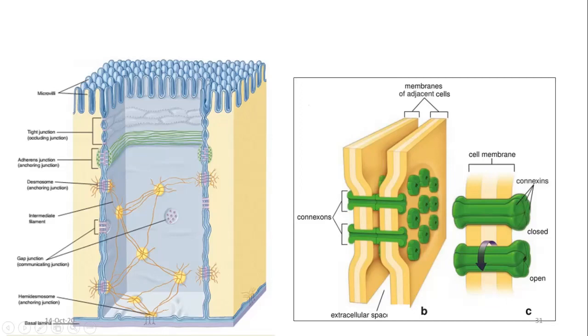Of connexins, the 1, 2, 3, 4, 5, 6. Each one is called connexin. Together they form a complex called connexon. And in the middle of this connexon we have this pore, the opening. The opening is communicating between the two cells. Here it is open, here is closed.